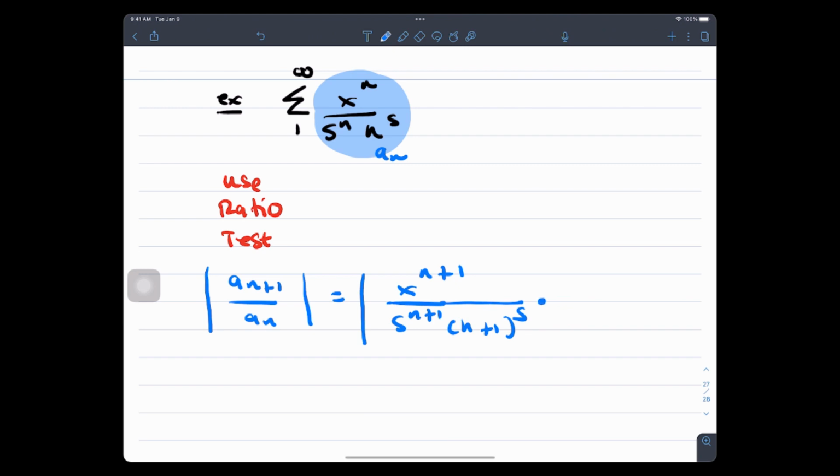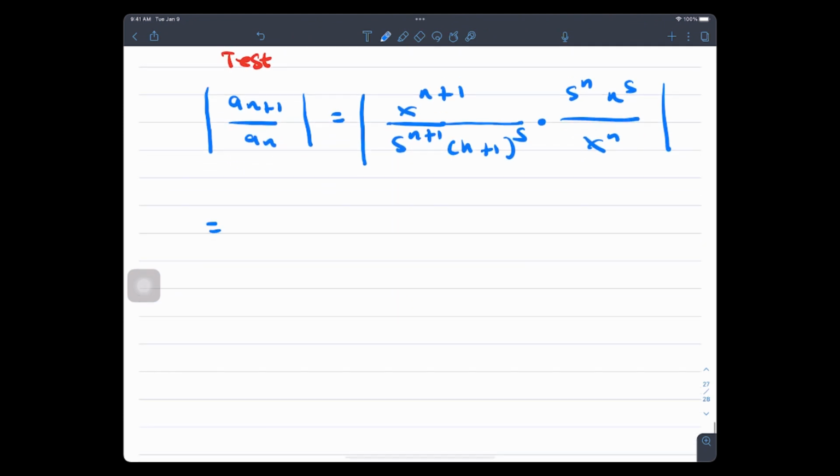And then multiply by that reciprocal of a_n, which would now be 5 to the n, n to the fifth power, over x to the n. Okay, this is what you can do to get faster. Now, by the beginning algebra, x to the n times x, 5 to the n, n to the fifth power, over 5 to the n times 5, n plus 1 to the fifth power, times x to the n.